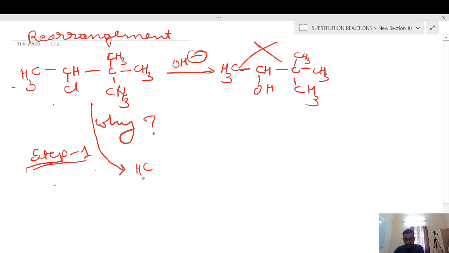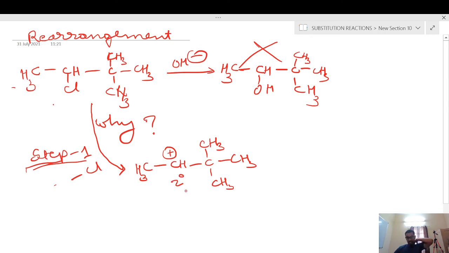The carbocation is CH3CH plus after loss of Cl minus, attached to CH(CH3)CH3. This is a secondary carbocation. The carbocation which is attached to two carbons is called a secondary carbocation, which is less stable compared to a tertiary carbocation.